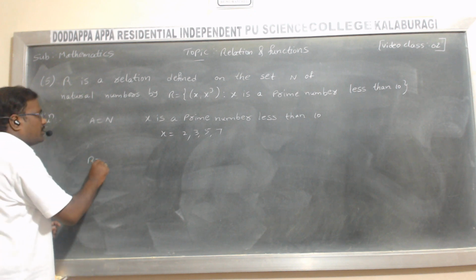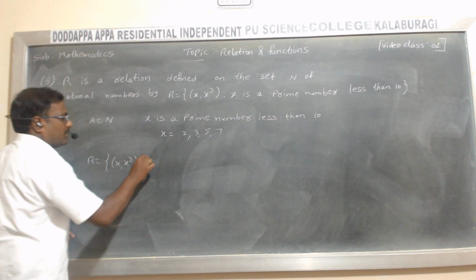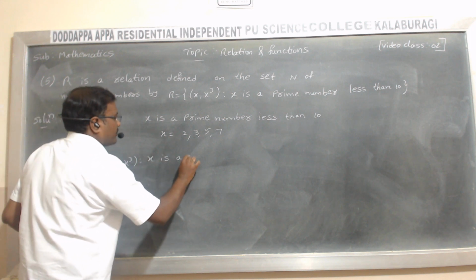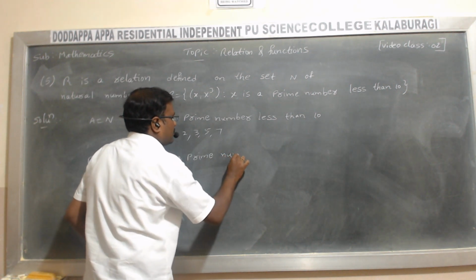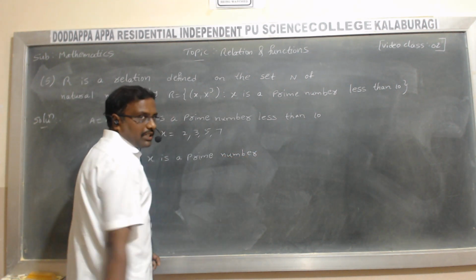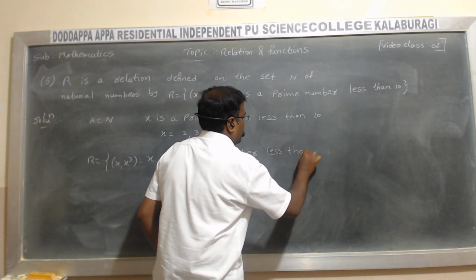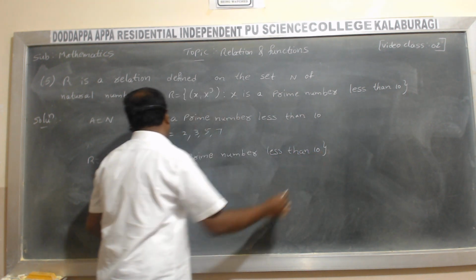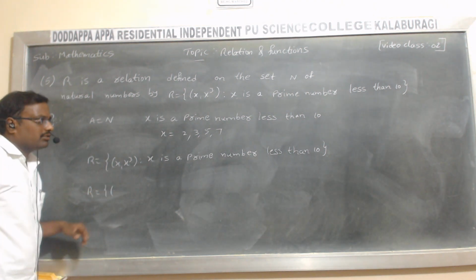And what is the given relation? x comma x cube such that x is a prime number less than 10, right? So we know that the x values are 2, 3, 5, 7.